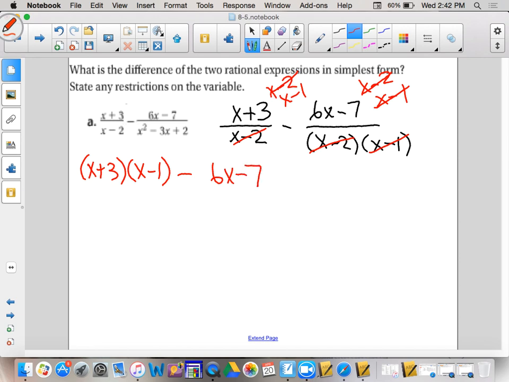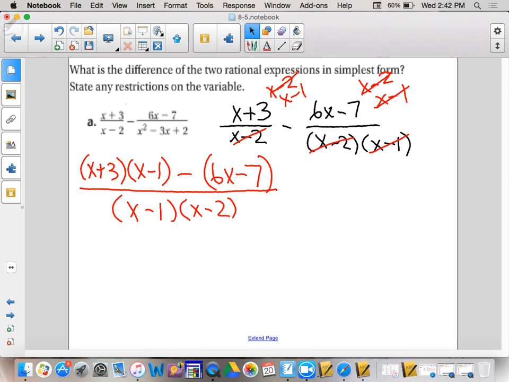What's going to go around my 6x minus 7? Parentheses. Why? Because I need to distribute that what? That negative, correct. So now I'm going to put it all over my lowest common multiple. So now I need to put it back together.